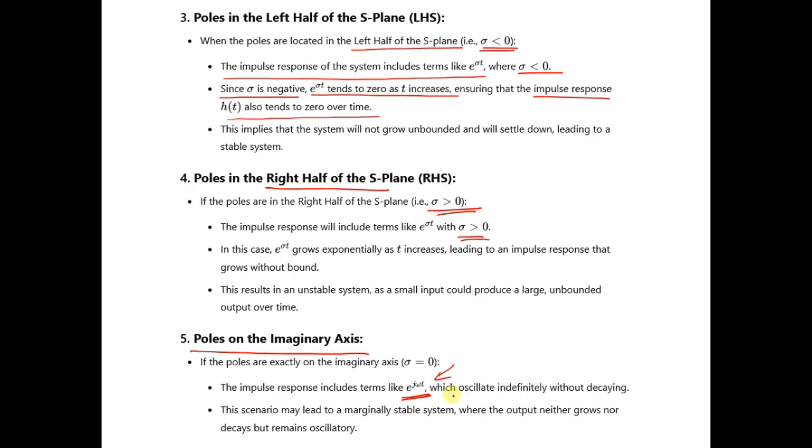So you have this oscillation, so the amplitude oscillates. Since they are oscillating, what happens when the poles are placed at sigma equals 0, that means on the frequency axis, the system becomes marginally stable, where the output neither grows nor decays but remains oscillating.